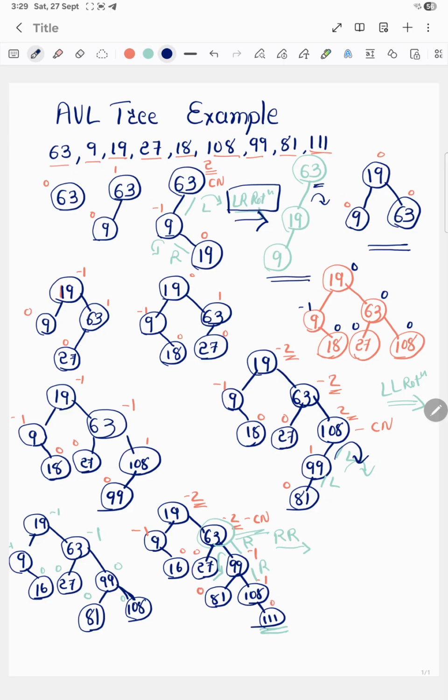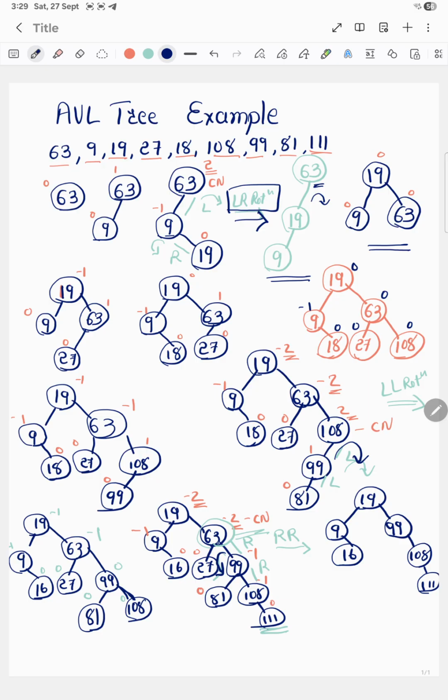So let me show you what we'll get after the rotation. So 19 will be here, then 9 will be here, 16 will be here. Now if I rotate my critical node 63 towards the left, right, so 99 will become the left child of 19, then the right side of 99 will remain the same, 108 and 111, right.